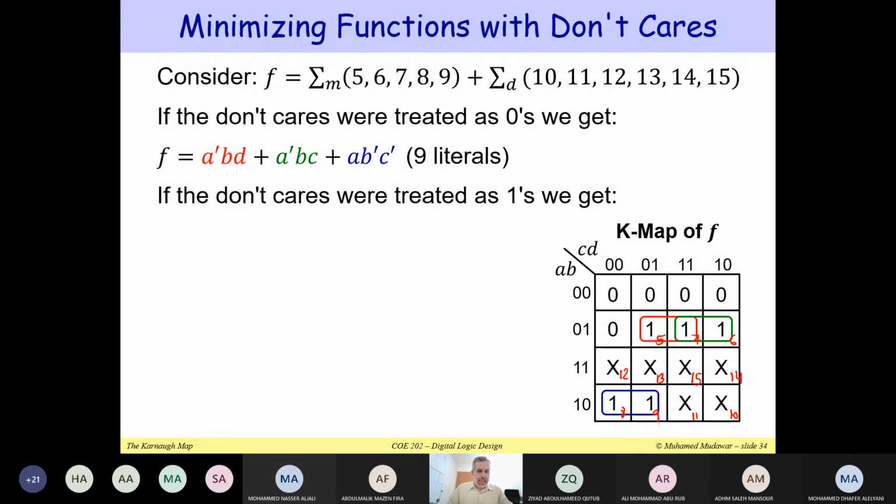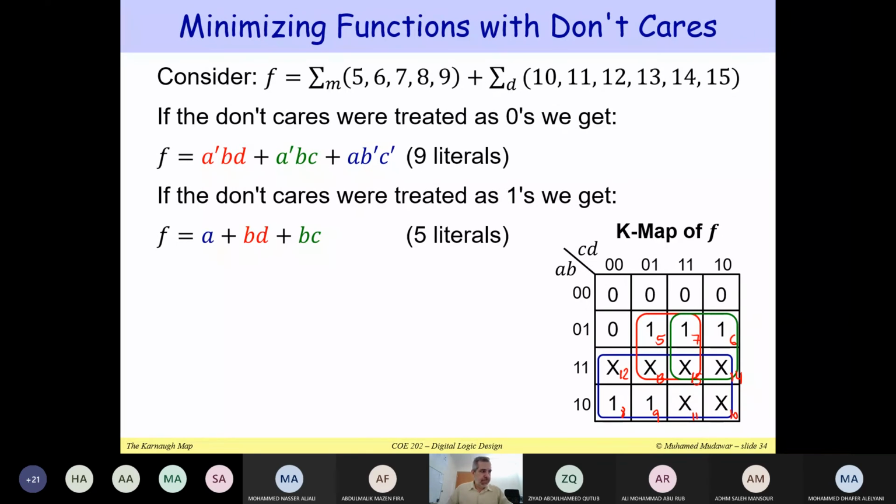If we treat all of them as ones, we can do much better, because we can combine the don't cares with the minterms and we can simplify the expression to only 5 literals. So in this example, it is better to treat the don't cares as ones. So it all depends on the function. Sometimes we might combine all of them, sometimes we might combine some of them.